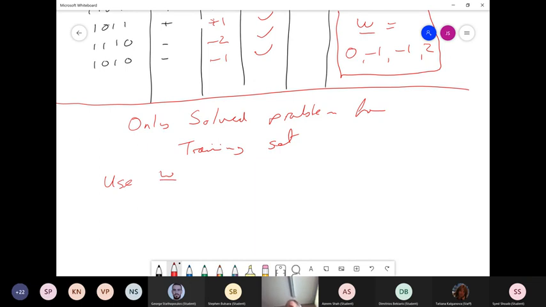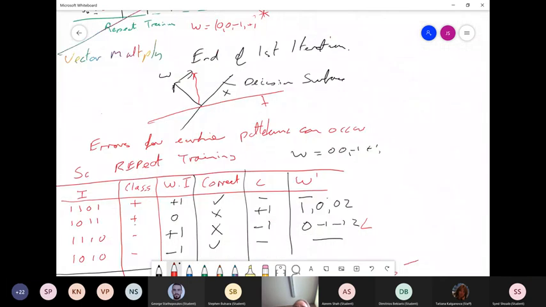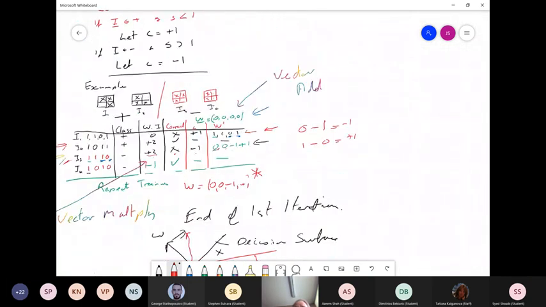To start off with, let's have an unknown pattern, a pattern which is not in the training set. Let's take a pattern which is that, the diagonal line. Now let's go back and see if I can find the original training set. Yes, there it is.